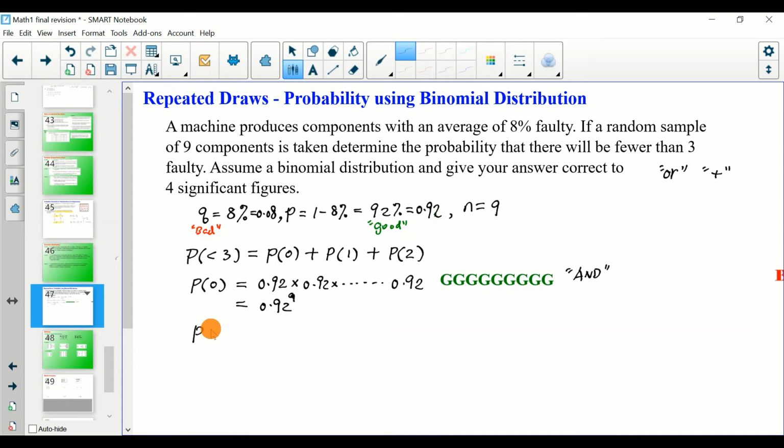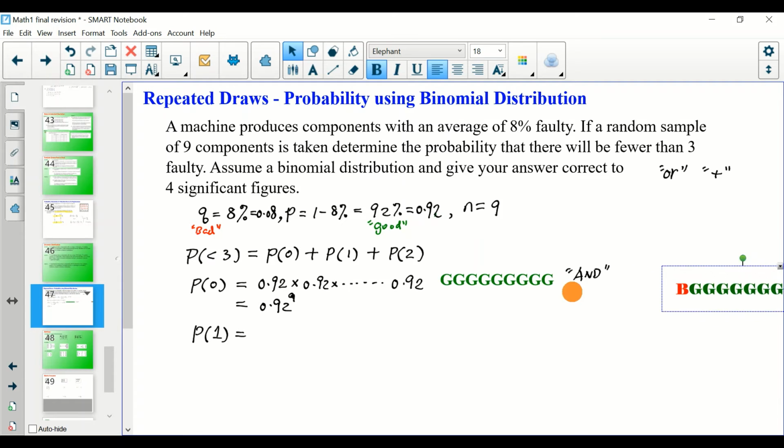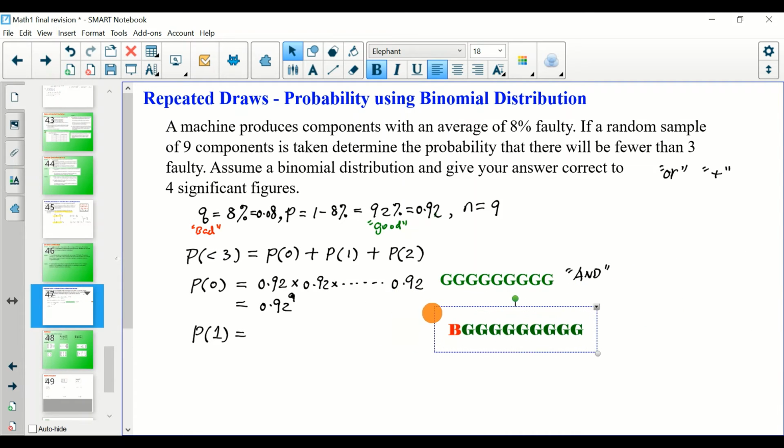So probability of one bad product, well, let's look at one scenario of one bad product. This is one way of getting one bad product, is that your first one is bad and everything else is good.